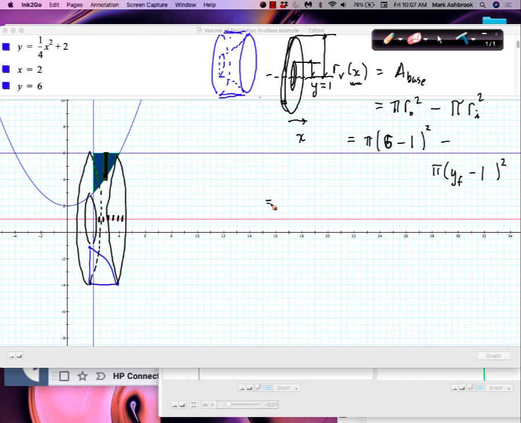So our rate of change will be pi times 5 squared minus pi times (1/4 x squared plus 1) squared.